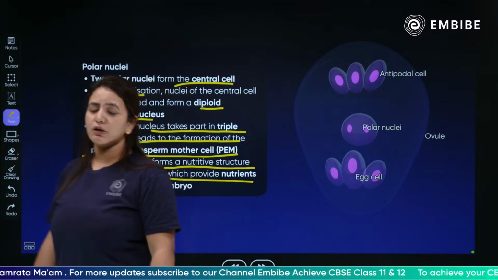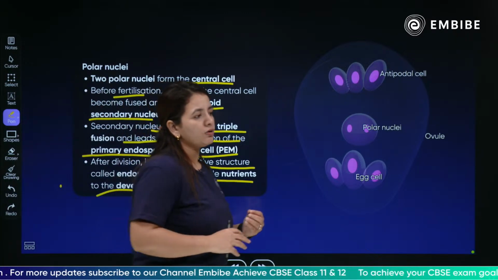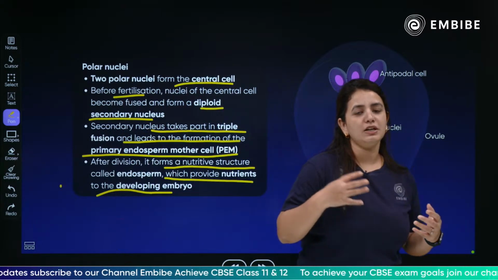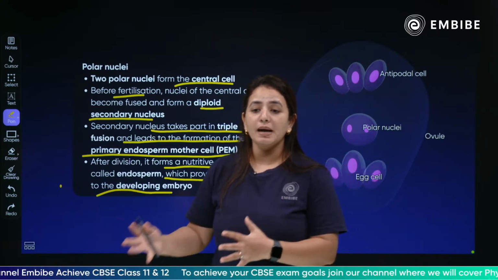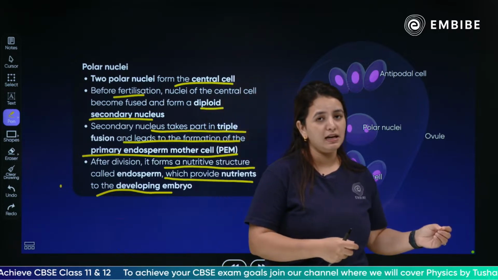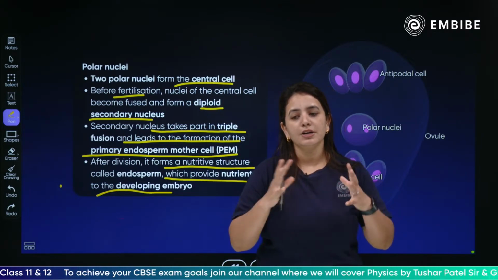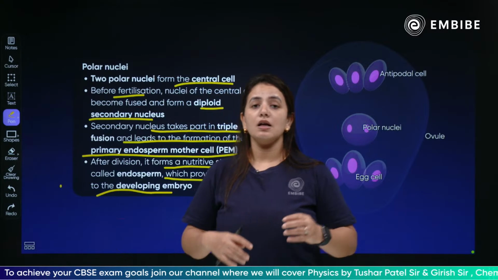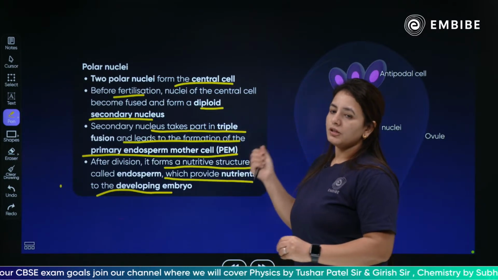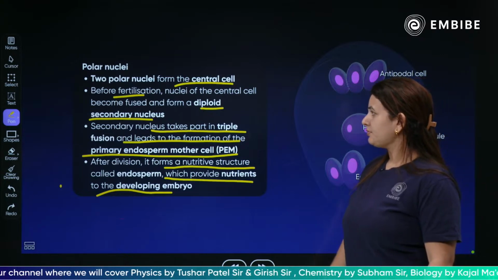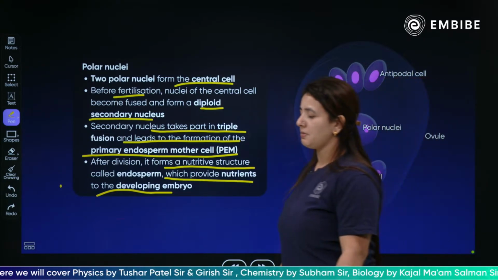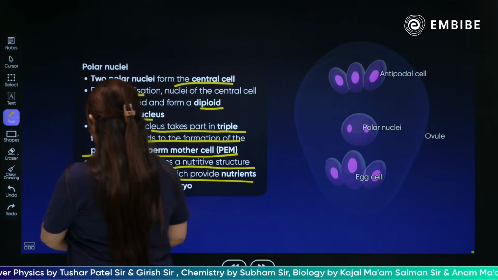When the male gamete fuses with the egg cell, they convert into an embryo, and the nourishment of the embryo is the responsibility of the polar nuclei or the central cell. Clear? So these are a few features of the polar nuclei.